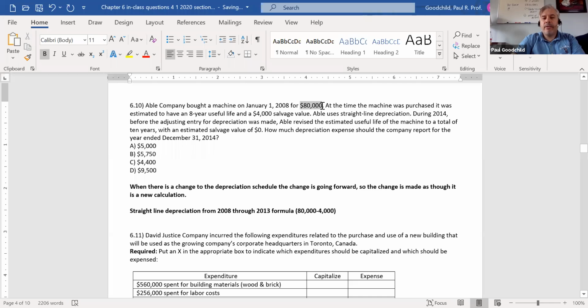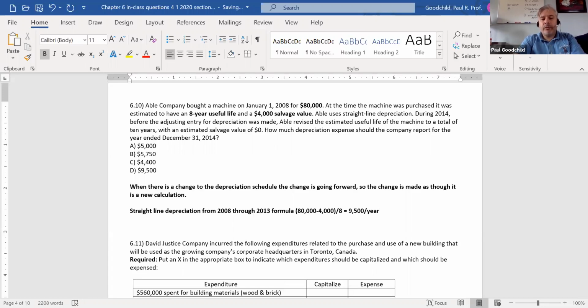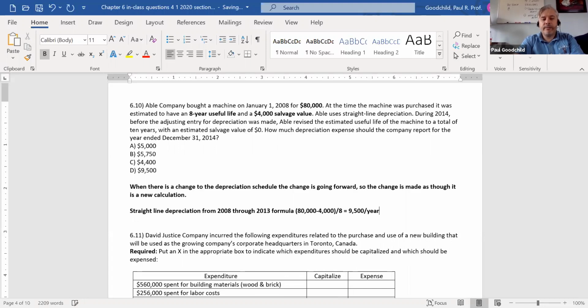So you have the 80,000 here and the 4,000 here. And we're going to divide that by 8 years because they had estimated originally it had an 8-year useful life. And so that depreciation was 9,500 per year. So 2008 through 2013 is 6 years.